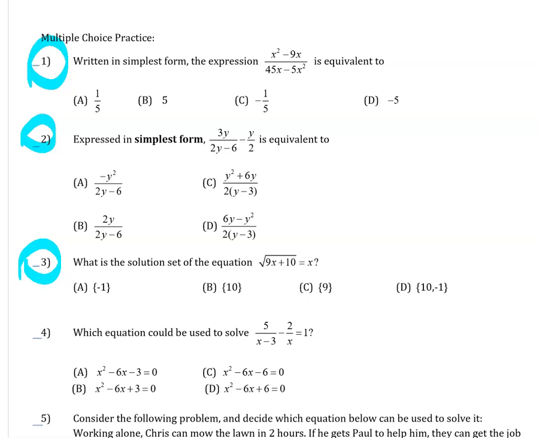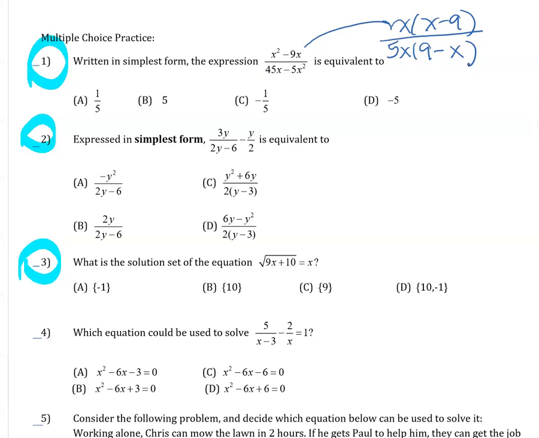Okay, so starting with number 1, some multiple choice practice. Whenever we ask you to simplify, we're always looking for you to factor first where you can. So for instance, the numerator there has a GCF of x. Denominator has a GCF of 5x. Oops, 9 minus x.